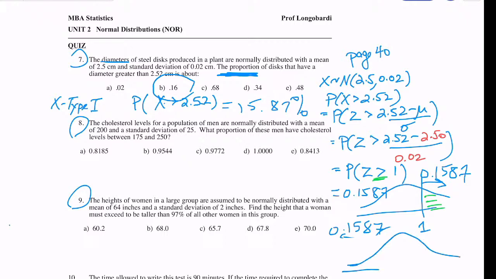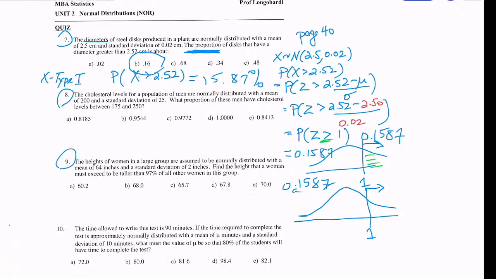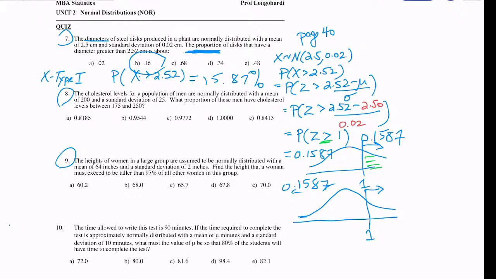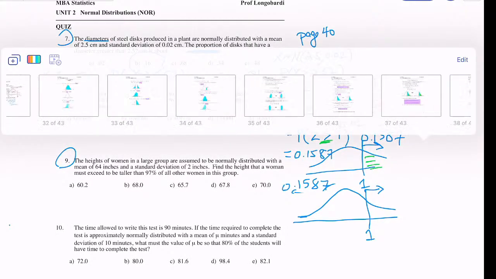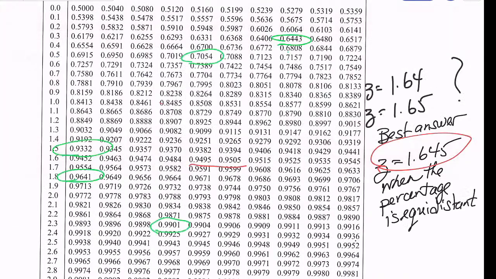I want this side, but the table only gives me the left side. So if I go onto the table and look for 1 on the positive table, I will get 0.8413.